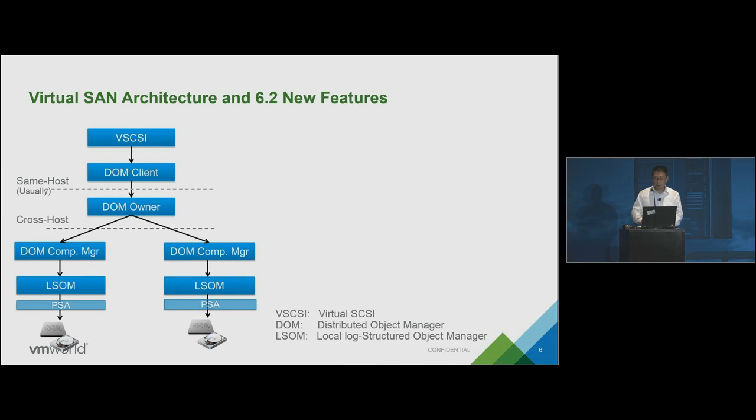Before we take a further look at LSOM, it is worth mentioning the newly released features in VirtualSAN 6.2. First, for better data integrity, 6.2 introduces a software-based checksum, and this is implemented in the DOM client layer.